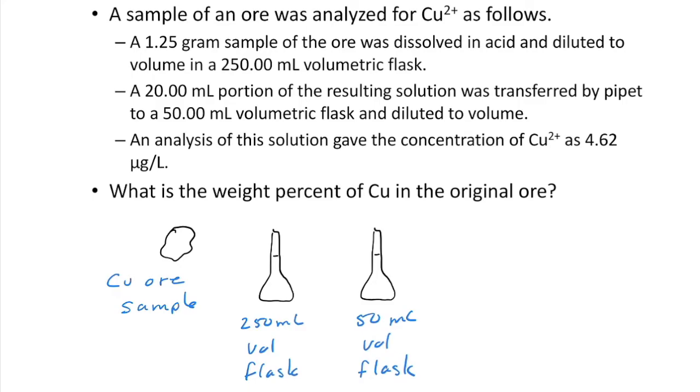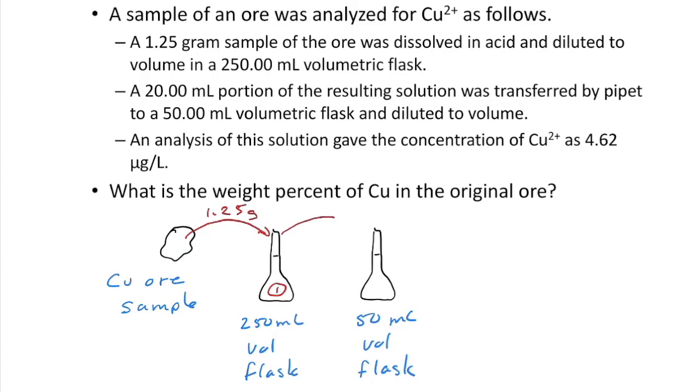So I've written down near the bottom here a pictorial view of what this would look like. So another way that you can think of this problem, just to give you a picture of how it would look. So we have first a 1.25 gram mass of the copper ore was put into a 250 milliliter flask that was diluted to the mark. So now all the copper that was in our ore sample is in this flask. We'll call this flask 1.